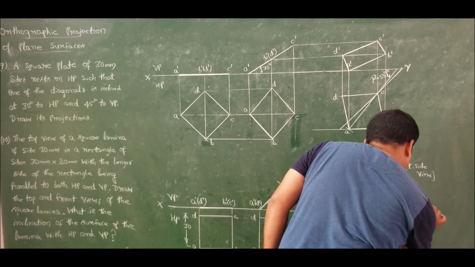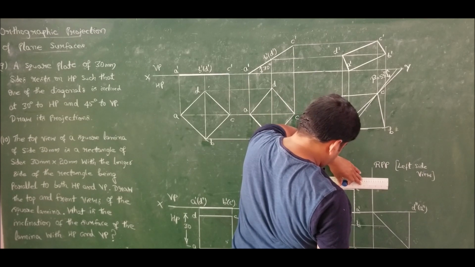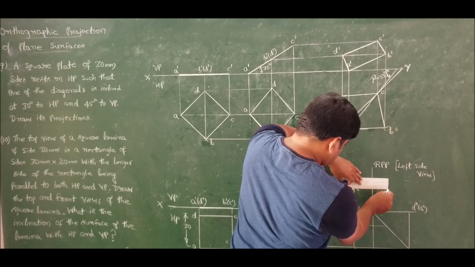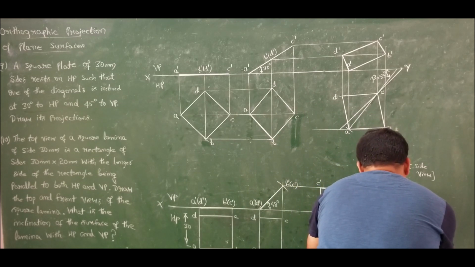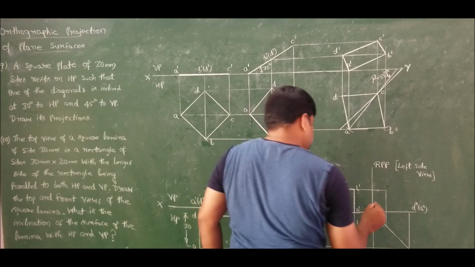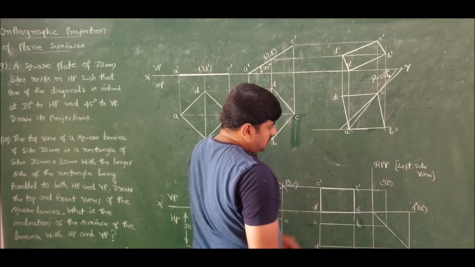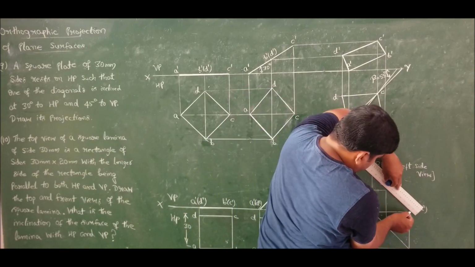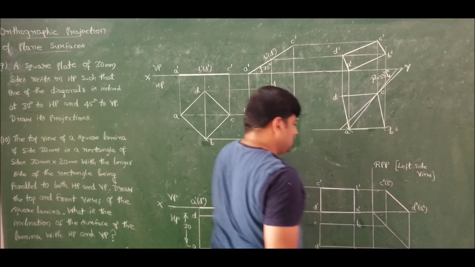Similarly here we will get C double dash and B double dash. Now if I join these two, I will get the inclination.